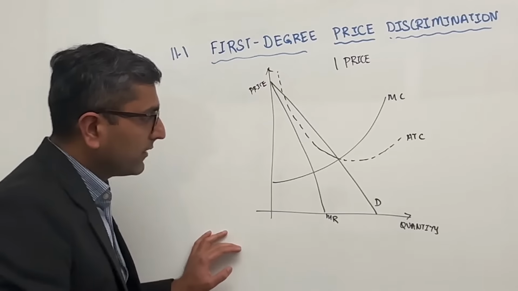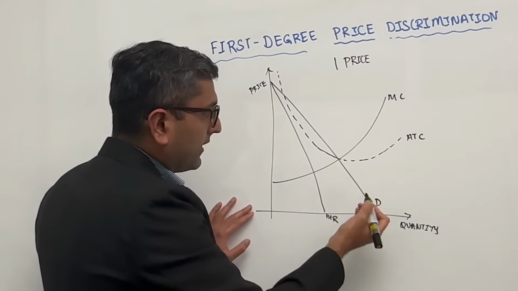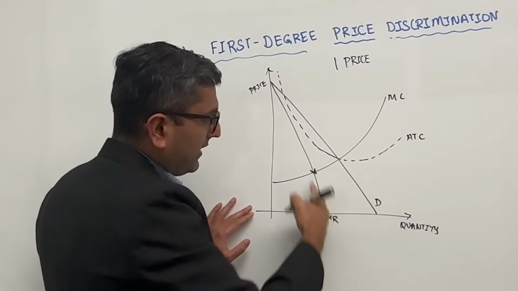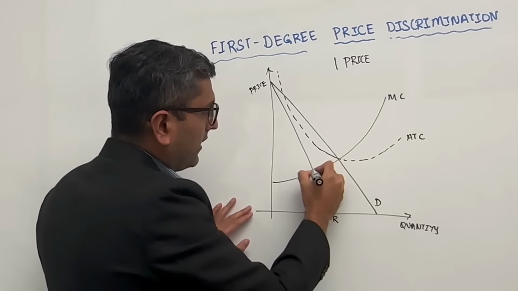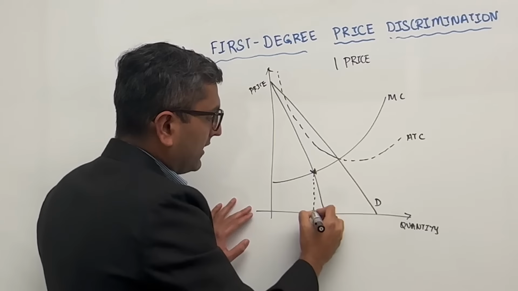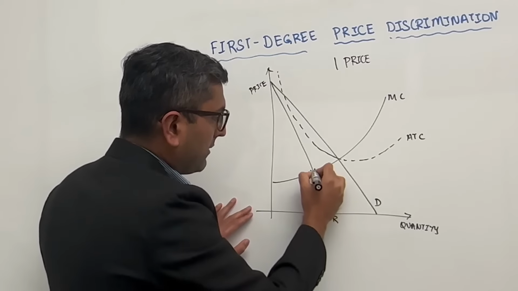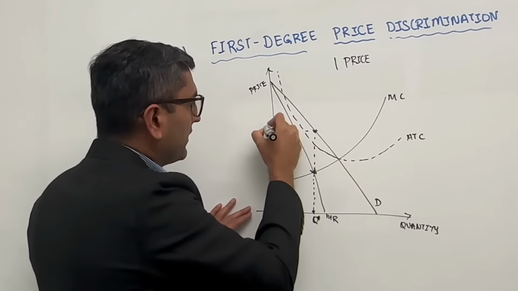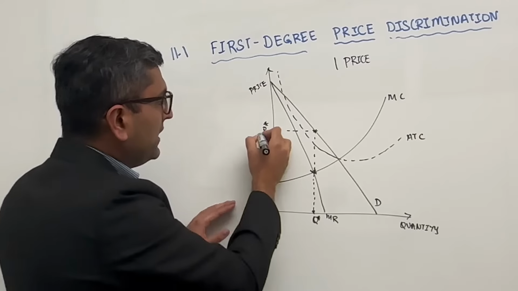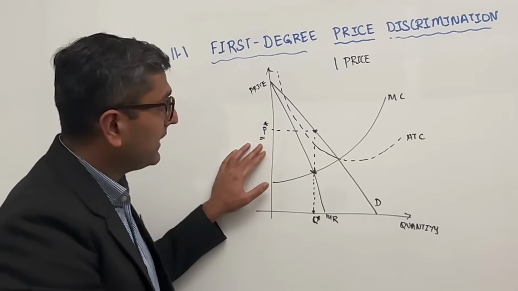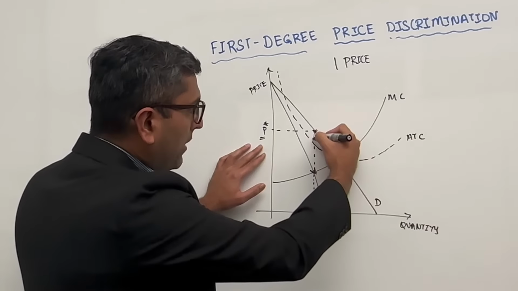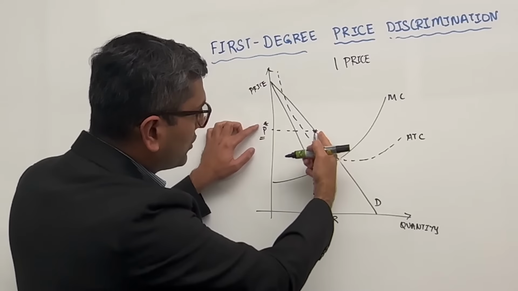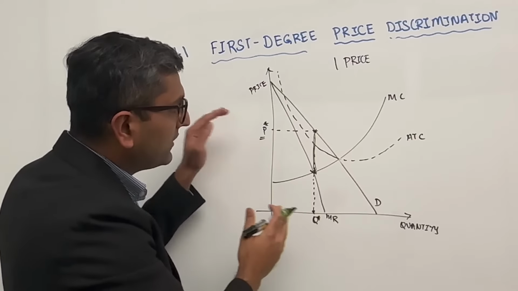We can set the quantity where MR equals MC, which gives us Q star, and the price that intersects the demand curve, P star. So P star is that single price the monopoly can charge, much higher than their marginal cost, because the marginal cost is here. So this is one price.